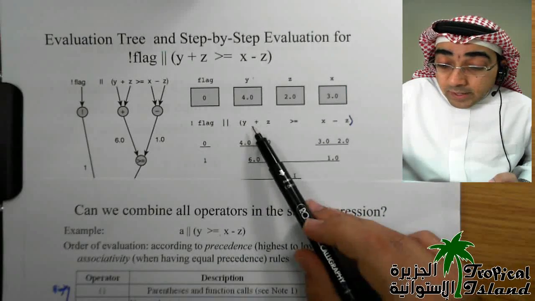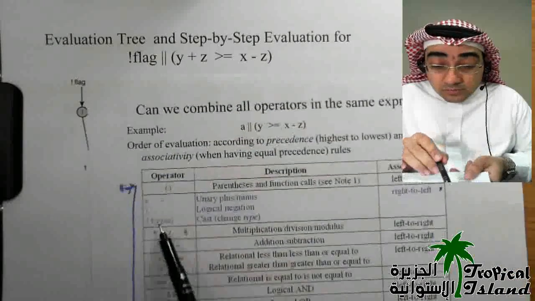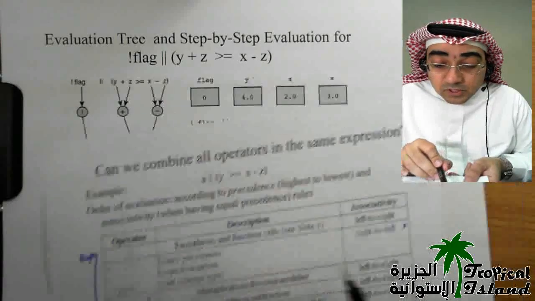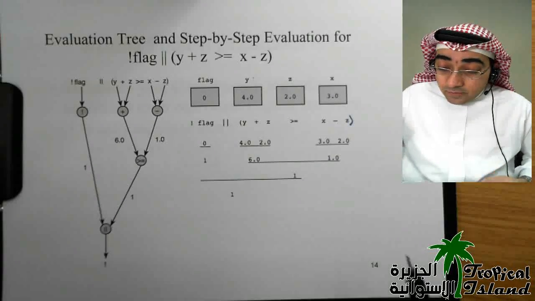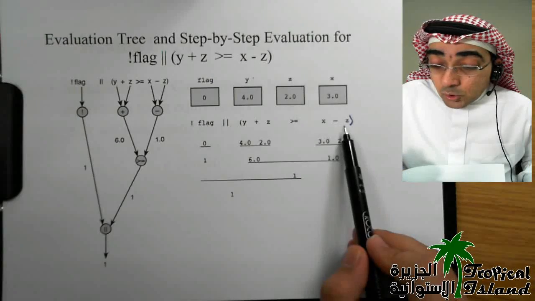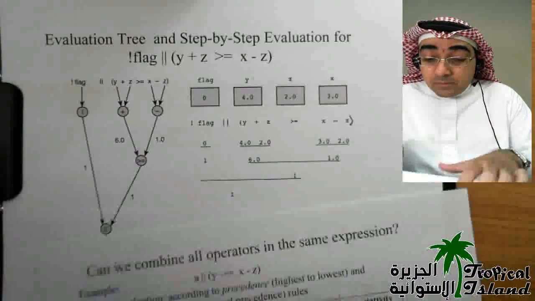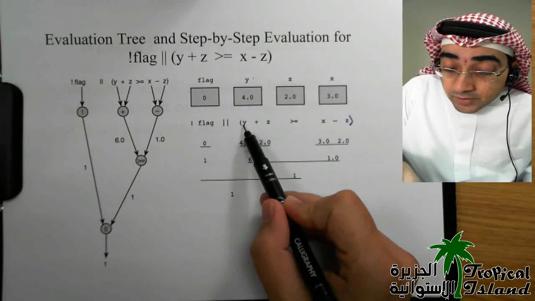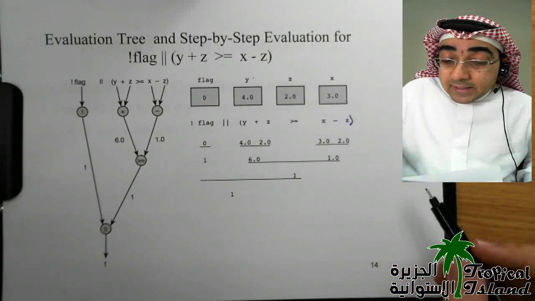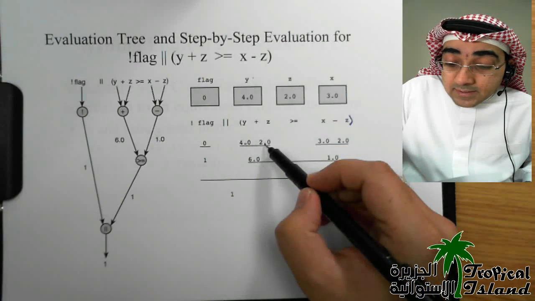No, we don't. No typecast and no negation. So we go to the next one, multiplication, division, and modulus, from left to right. Do we have any of those? No, we don't. Then we go to the next operation, which is plus and minus. So we first add y and z. y has the value of 4 and z has the value of 2.